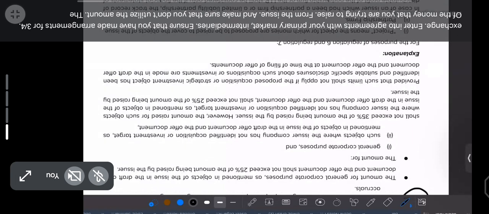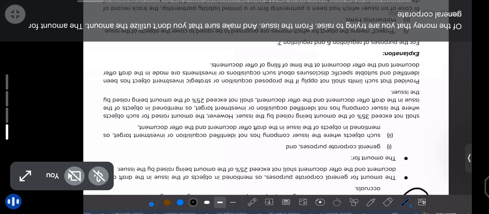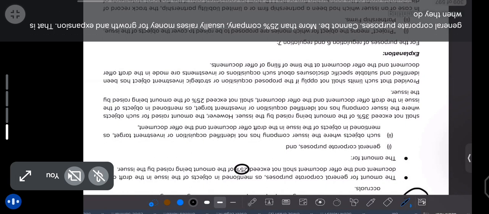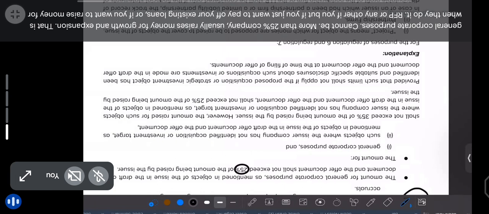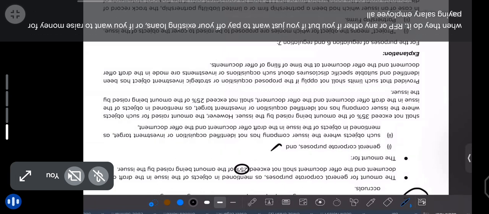The amount for general corporate purposes cannot be more than 25%. Company usually raises money for growth and expansion. That is when they do IPO or FPO or any other issue. But if you just want to pay off your existing loans, or if you want to raise money for paying salary to your employee, all such purposes are called as general corporate purposes.